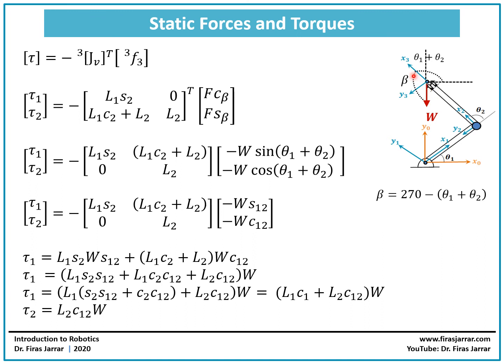Then beta will be 180 minus (theta 1 plus theta 2 minus 90), which is going to give me 270 minus the summation of theta 1 and theta 2. So if you substitute this into here, this becomes your column force vector, or column matrix. And we can write sine of theta 1 plus theta 2, as we did before in previous lectures, as sine 1,2.